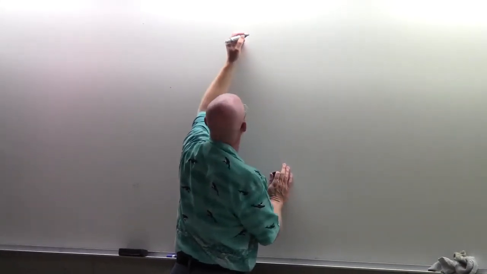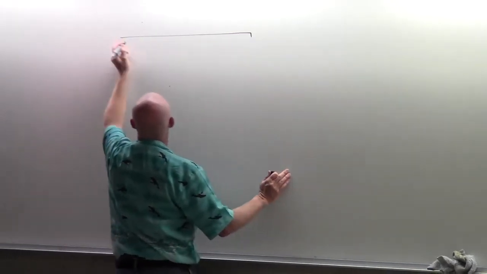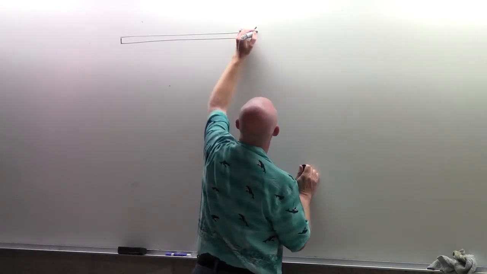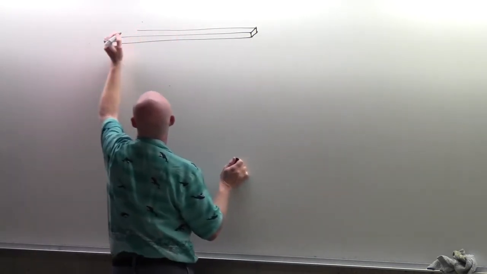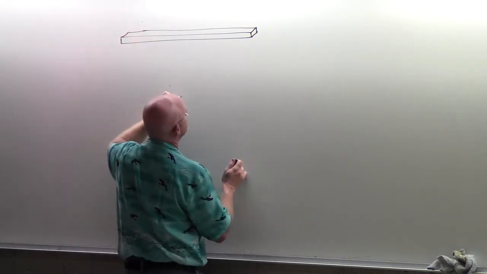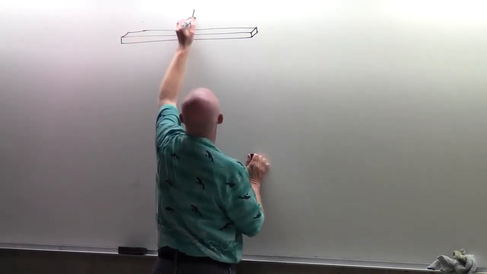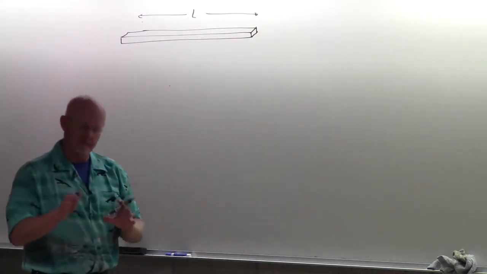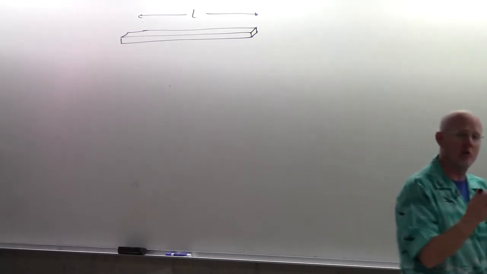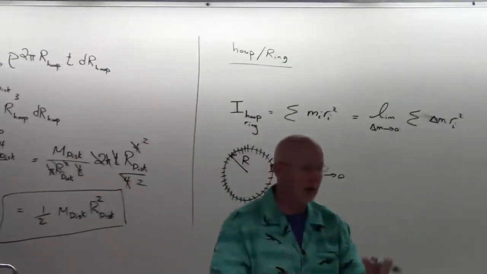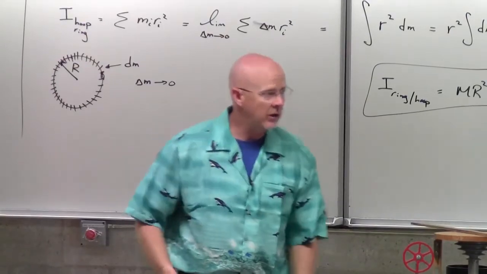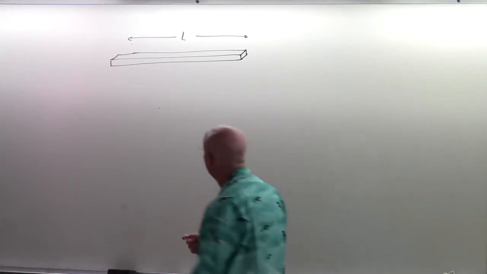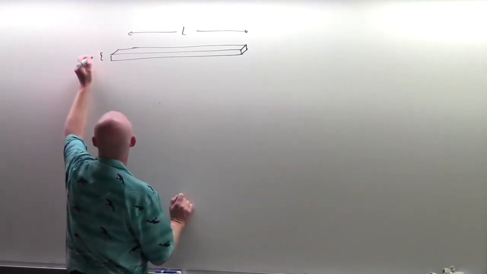And my meter stick looks, suppose, a little bit like this in 3 dimensions, meaning that it has a length. And I know it's a meter stick, so I know it's 1 meter long, but for the sake of discussion, let's more generalize it and just say it's a rod of length L. Okay, and so I have a rod of length L. It, of course, is going to have some kind of height associated with it.